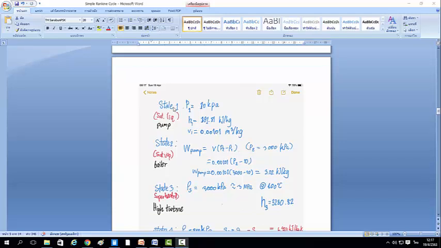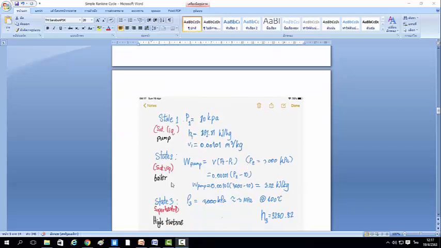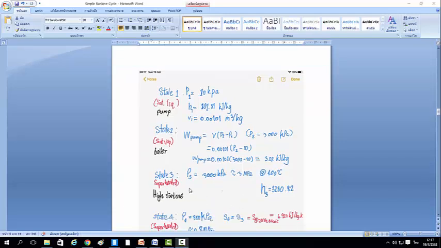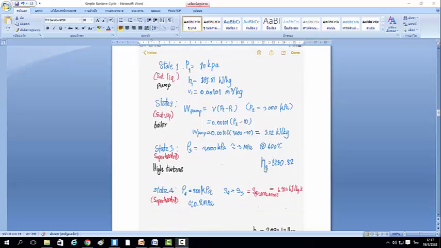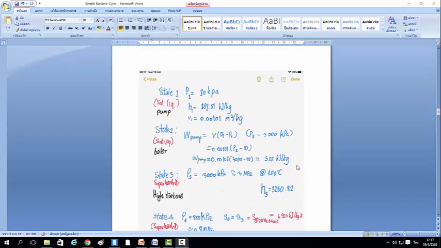Firstly, we do the state analysis like this. State 1 and state 2 are the same as the previous problem, but for state 3 we change it a little bit, from saturated vapor to superheated, because you can see the temperature here is 400. It's a bit higher than the previous problem.